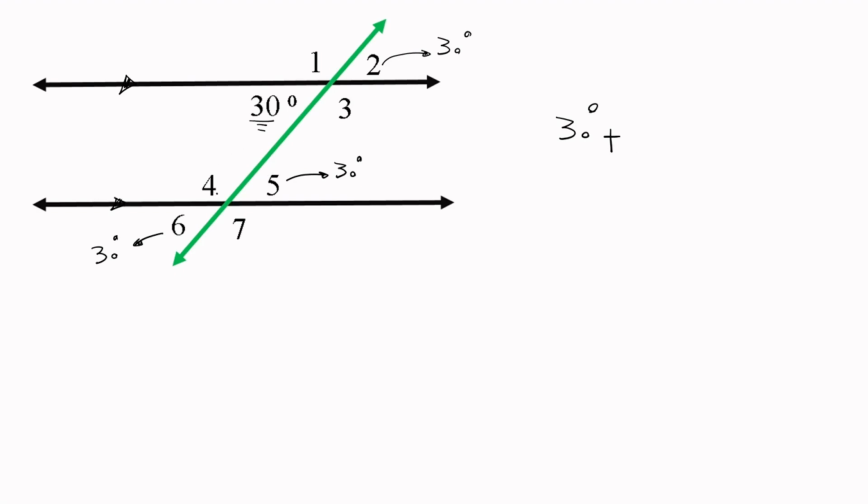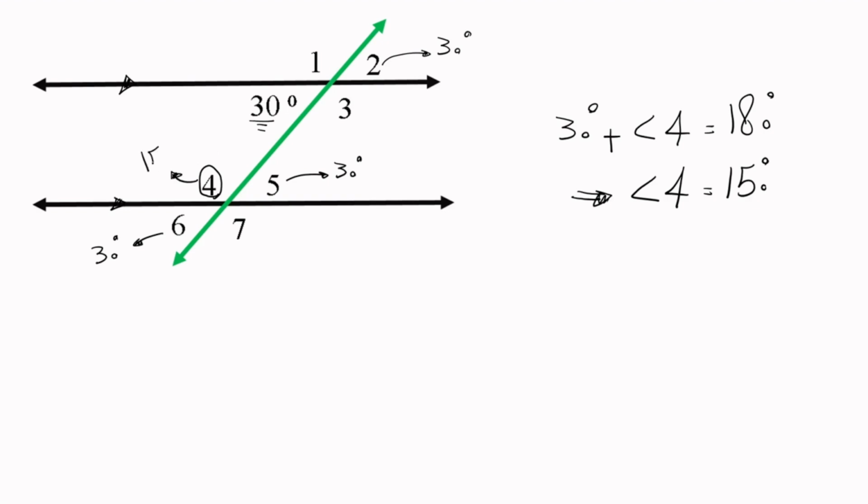In this case, I prefer to choose angle number 4. 30 plus angle 4 is equal to 180. You can solve it by moving 30 degrees to the other side of the equation and changing the sign, or inverse operation, it is totally up to you. But as soon as you solve it, you would realize that the value of angle 4 is equal to 150 degrees.